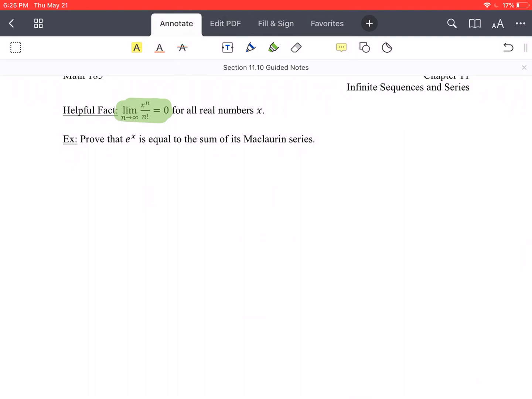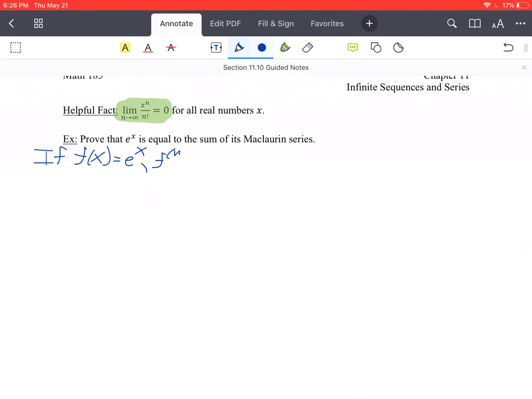So let's start off by setting up Taylor's inequality. If f of x is e to the x, that tells us the n plus 1th derivative will always be e to the x, for all n.